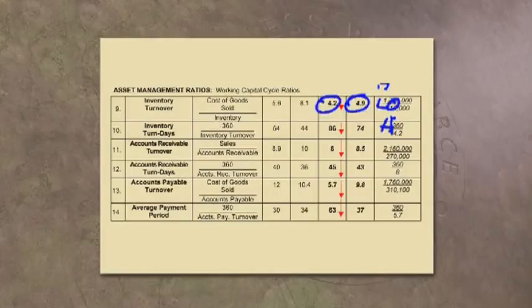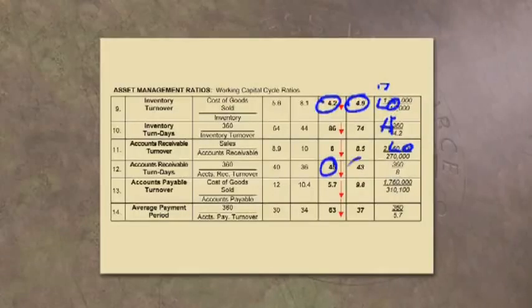Receivables. He's getting 8 turns. The brothers are 8.5. Is he high or low? He's low, right? But he's only a little low, so it doesn't seem like much. So we look down in ratio number 12. He's at 45 days. The brothers are at 43.